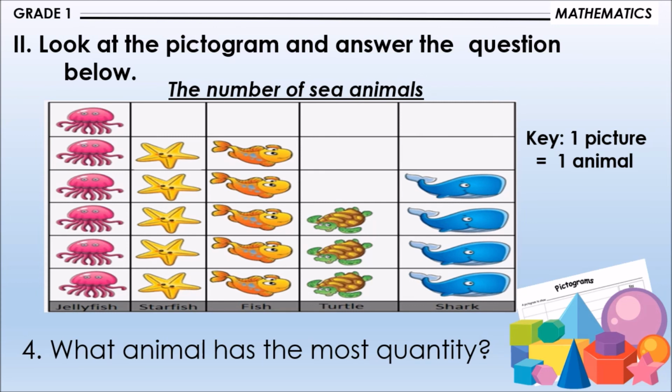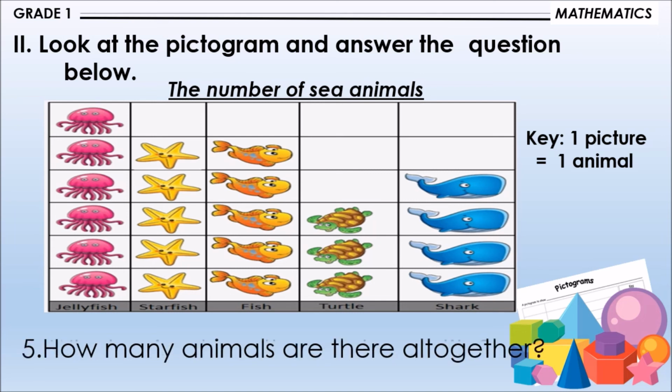Number 4. What animal has the most quantity? Number 5. How many animals are there altogether?